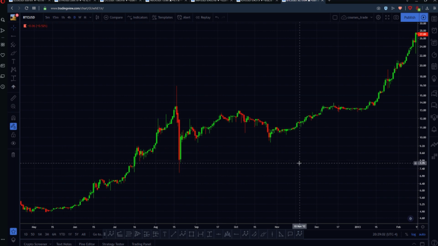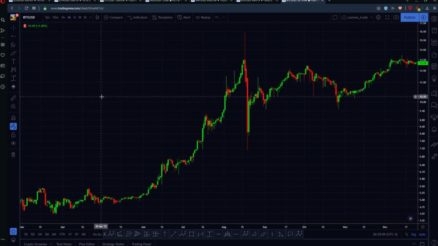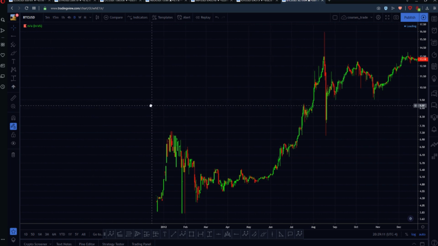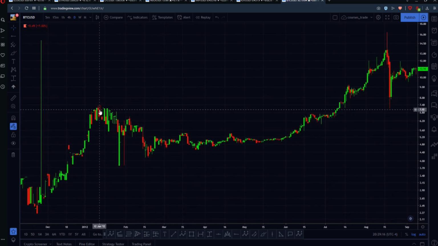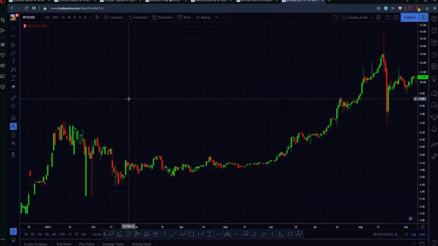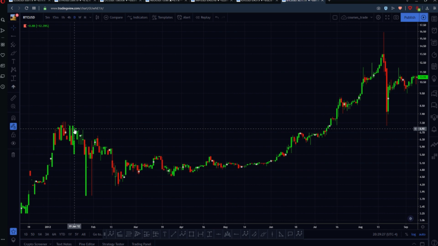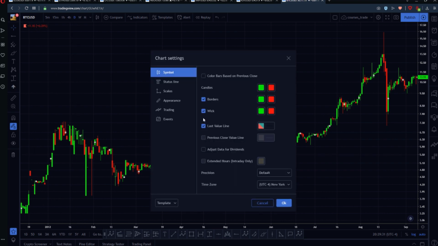I'm gonna show you how to place them properly. Now, this is Bitcoin US dollar. This is a daily time frame chart, and we're gonna start by placing support and resistance since 2012. Now, the first thing you need to know when it comes to support and resistance is you're gonna double click on the chart, and then you're gonna remove the wicks.